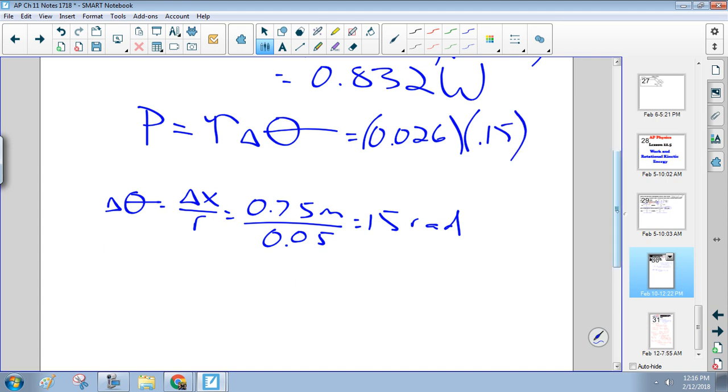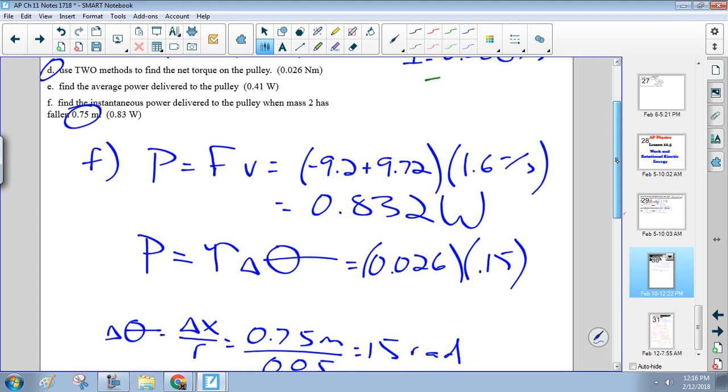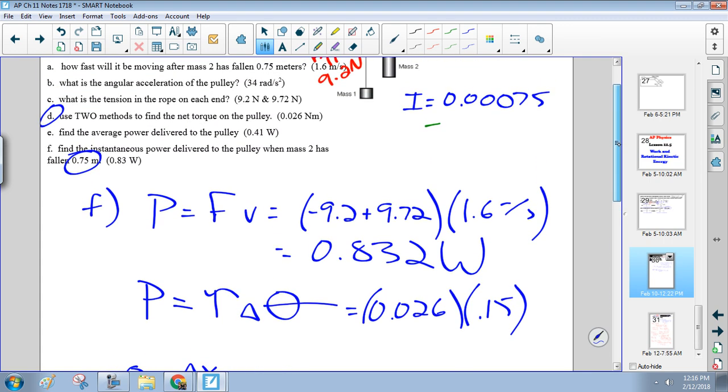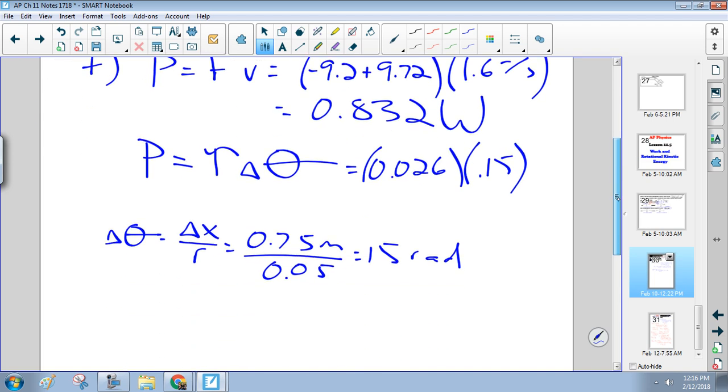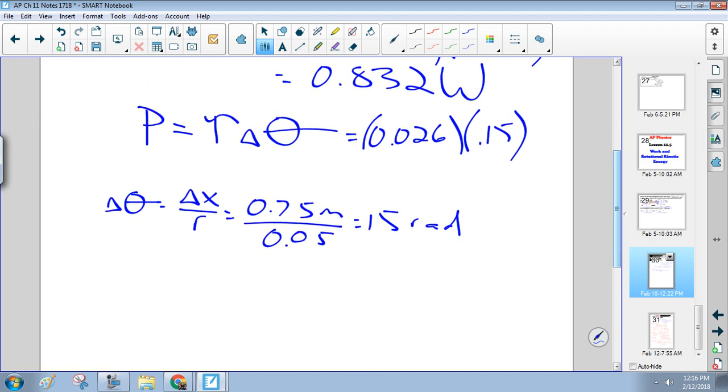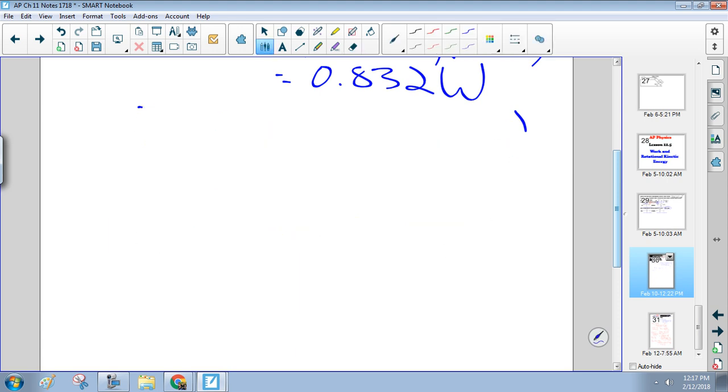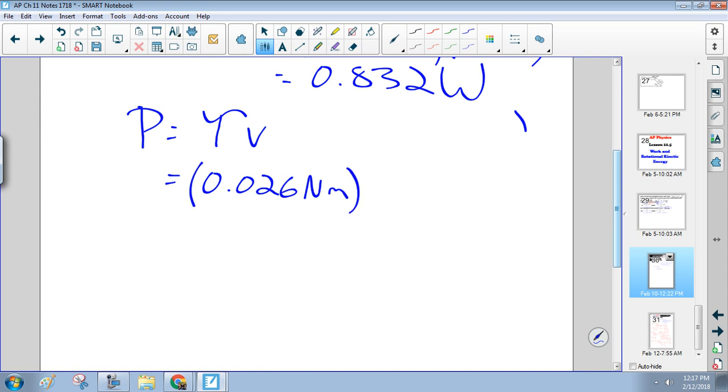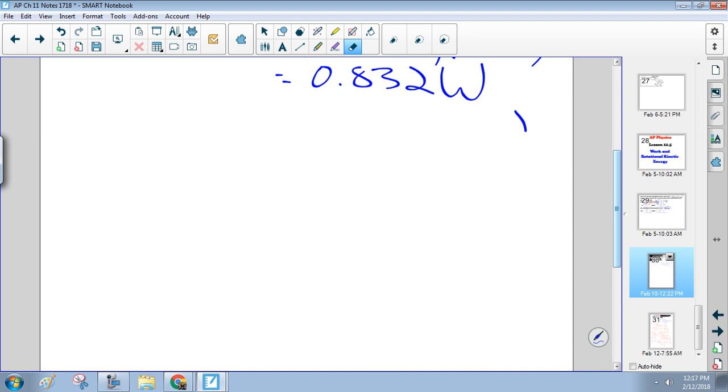Why am I uneasy about this? Oh, that's not right at all. Try that again. Power is torque times angular velocity.